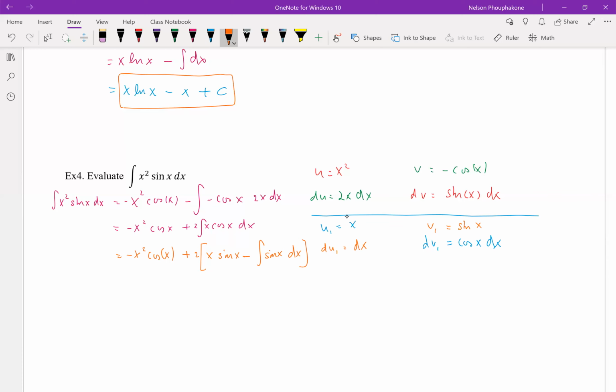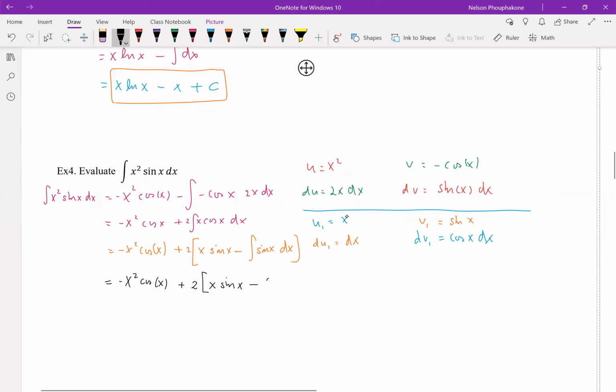Okay, then now we have negative x squared cos of x plus 2 times x sine of x. And then to this one right here, we know that we are going to have a negative cosine of x, right? And then plus c.